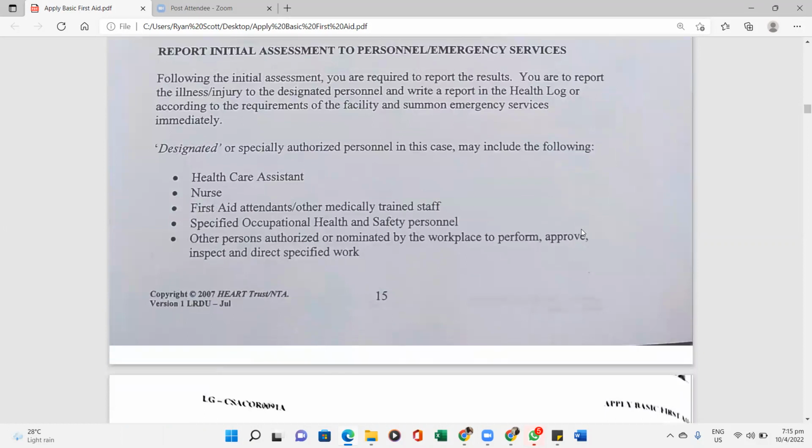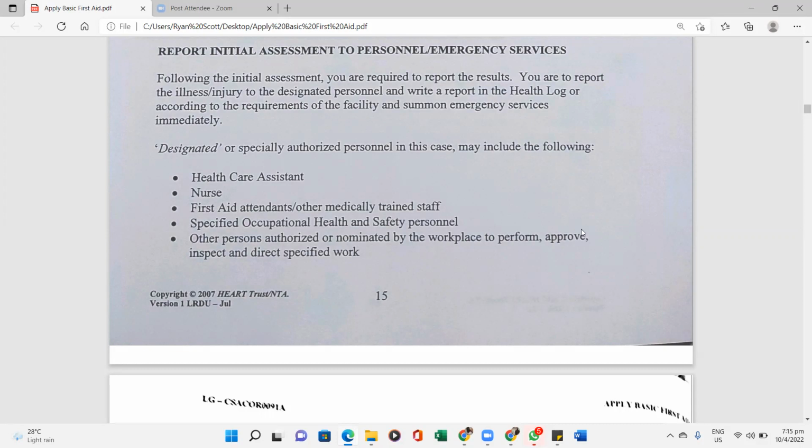Stop. All right, so right here now, report initial assessment to personnel or emergency services. So remember, you're supposed to not just do everything on your own, you're supposed to report it to the persons who are in charge or the emergency department, right?